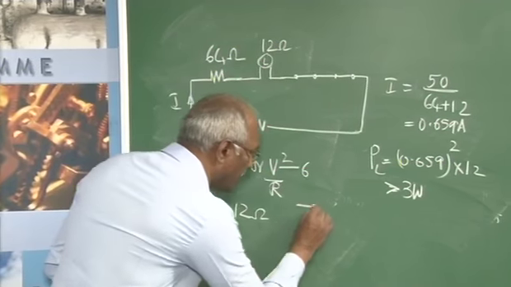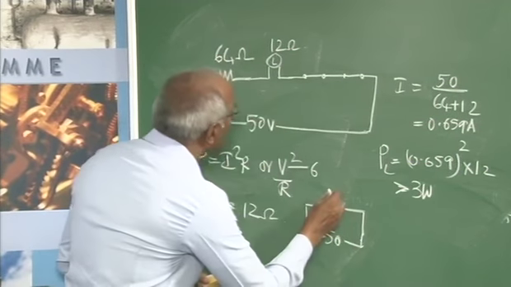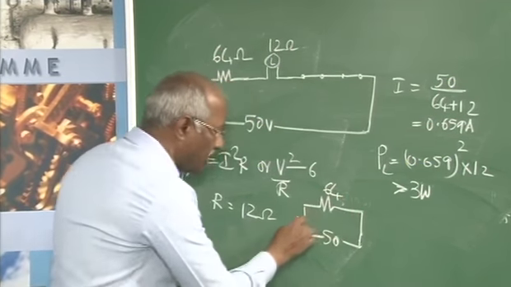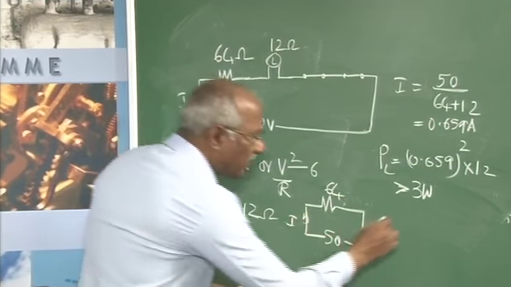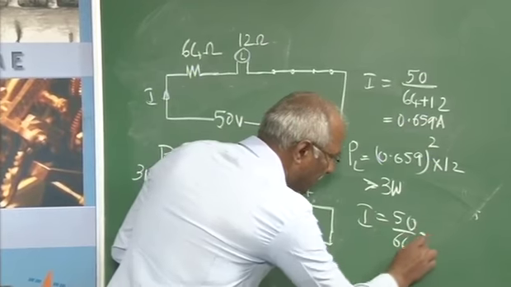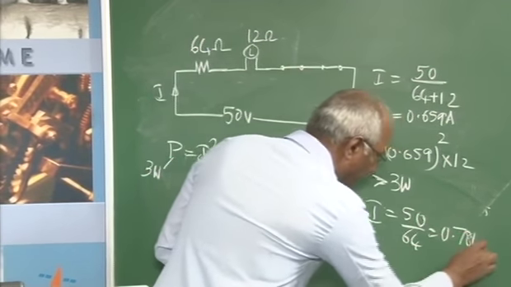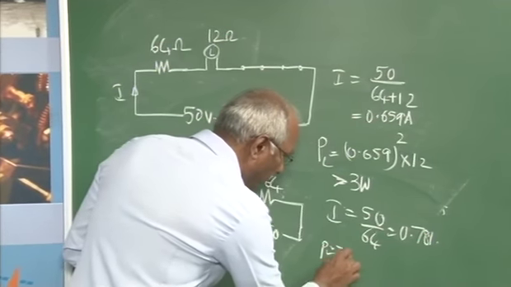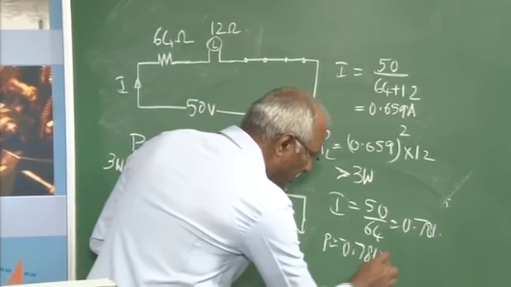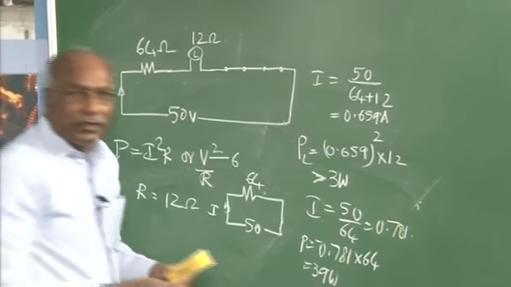When that is left here, this is 50 volts and this is 64 ohm. Then what will be the current? I will be equal to 50 divided by 64, which comes to 0.781 amperes, and the power will be 0.781 square into 64. That will be approximately 39 watts.